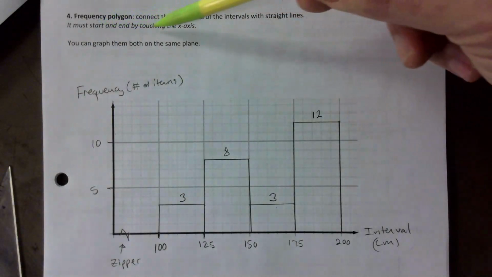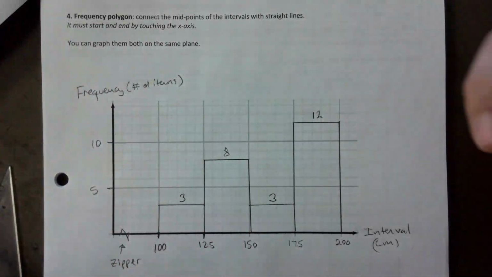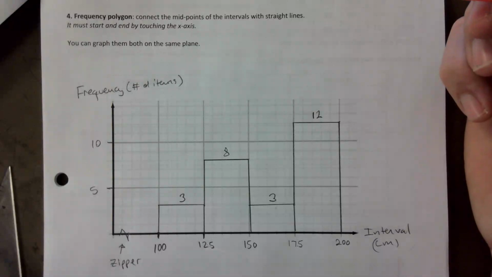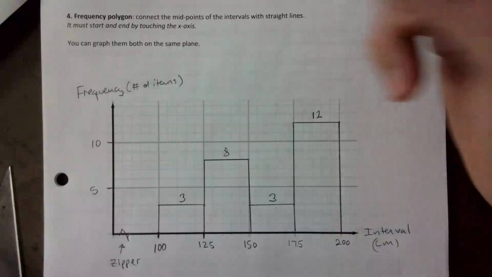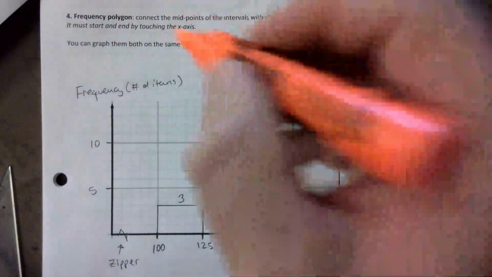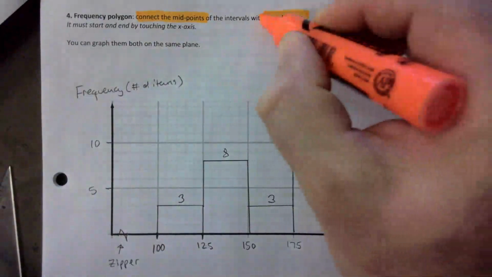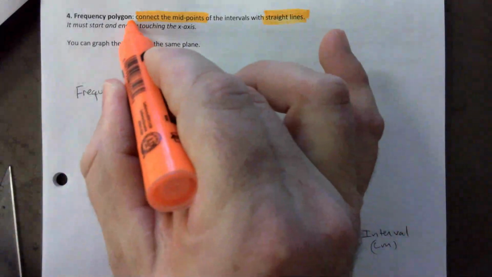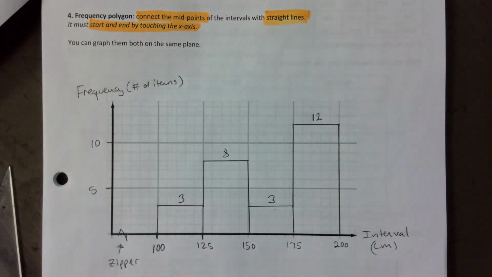It must start and end by touching the x-axis. Okay? So make sure you write this down, write down the graph, and then I'll point this out. Frequency polygon, you connect the midpoints with straight lines, and it has to start and end by touching the x-axis.